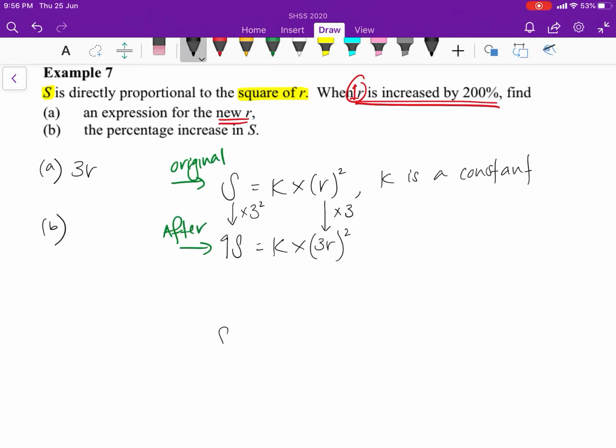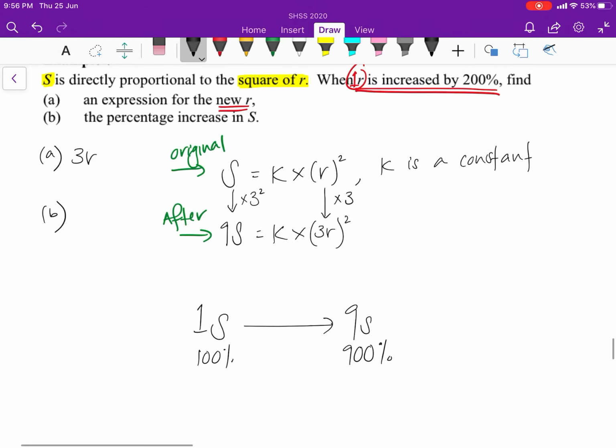So original is S becomes 9S. This used to be 1S, which is 100%, becomes 9S, which is 900%. What do you think is the percentage increase? 900 minus 100 is 800%. So the percentage increase is just 800%.